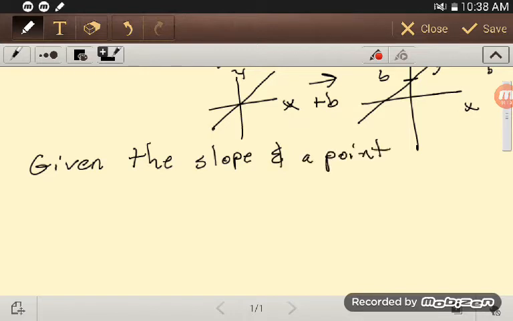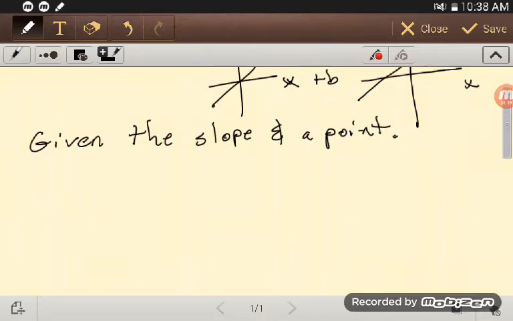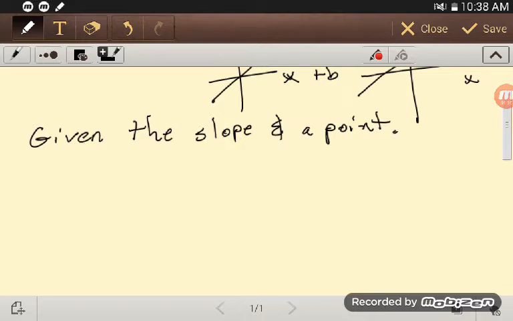Now, some of you may remember that there is this thing called point slope form. We're not going to worry about that yet. That's coming in another video, but we can still deal with this idea. We can evaluate this, try to find m and b if we're given the slope and a point.